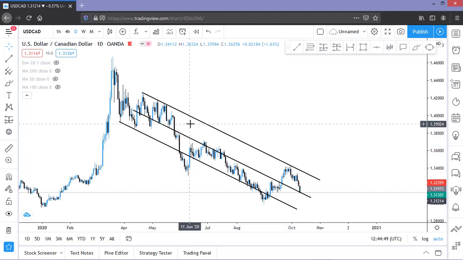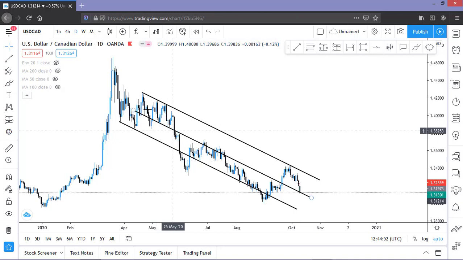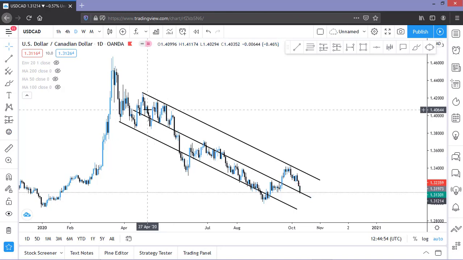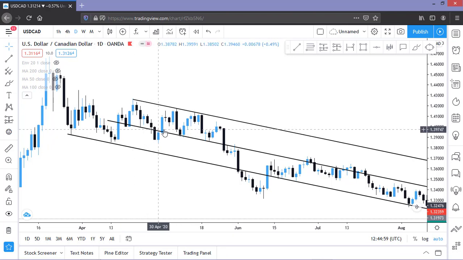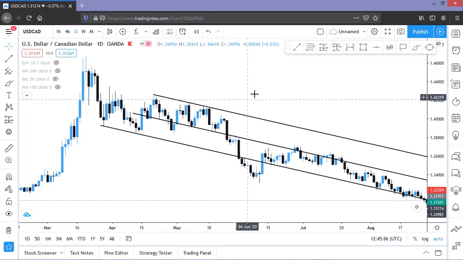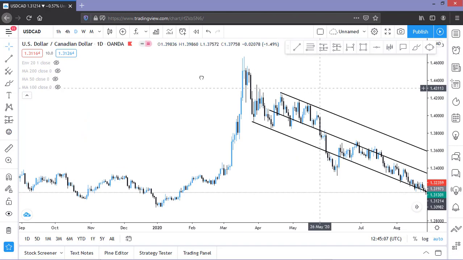So this is the one I was talking about. Even in the past, it came from here and went down, then bounced back up and acted as a strong resistance and support. Those are the key factors I always look into when I'm dealing with uptrends and downtrends.